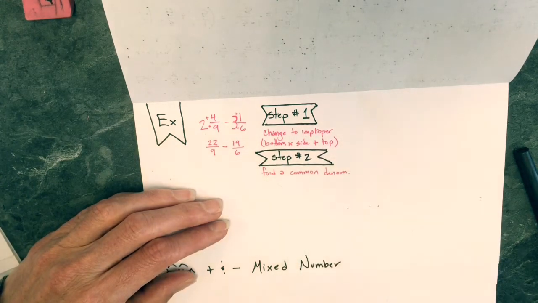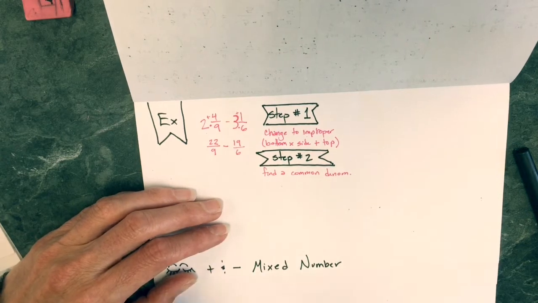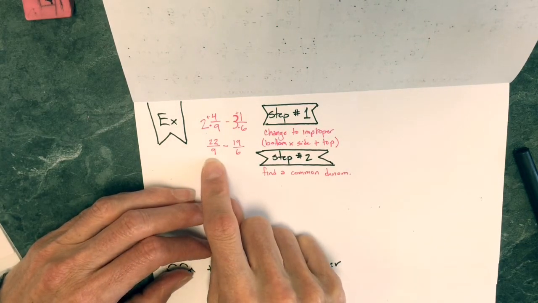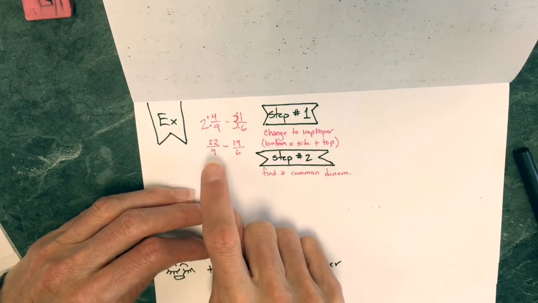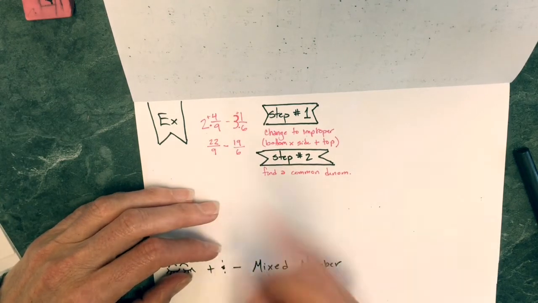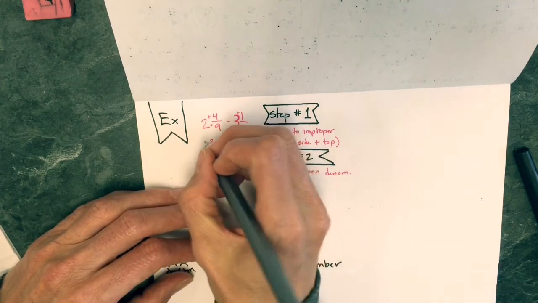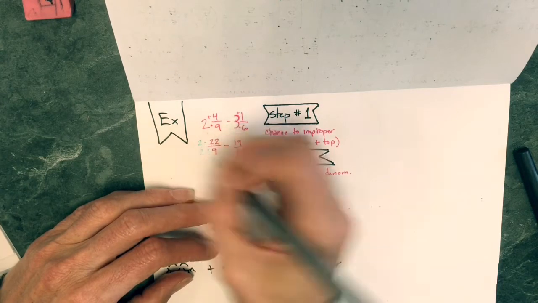Denom. Okay, so I'm thinking about the smallest number 9 and 6 will go into. And 6 doesn't go into 9, so I can't use 9. 9 goes into 18. That's the next smallest one. And 6 also goes into 18, so that works out great. I'm going to use 18 as my common denominator. So over here, to change it to 18, I have to multiply by 2.